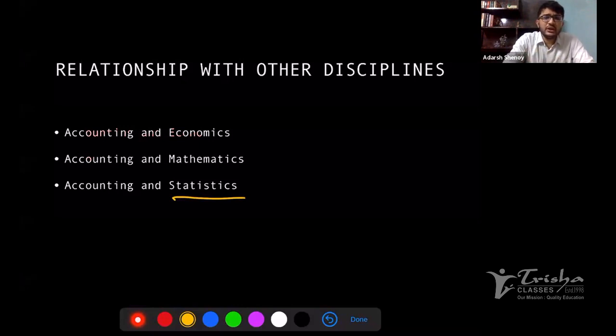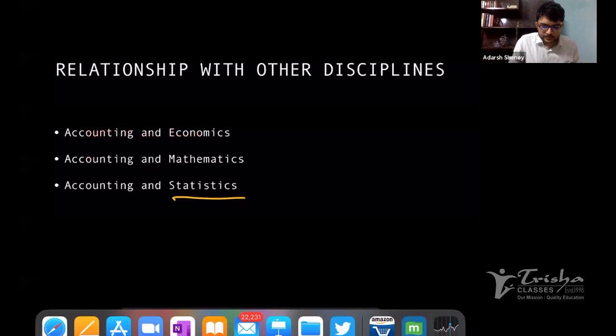Not just in the case of ratios, but there are some methods while calculating depreciation or goodwill, weighted average methods and all, which basically derive from statistics, from the numbers, from the statistical point of view. We derive some of the formulas and methods from there to here. So accounting and statistics, especially for disclosure purposes.